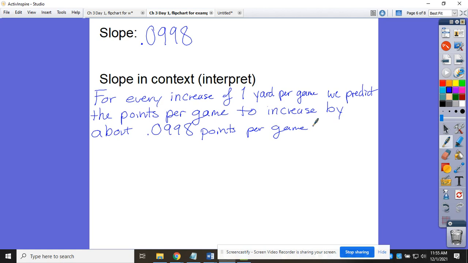This is weird to where our units happen to be our variables. In this one, if you did write points per game, because you wrote it here, I wouldn't cut off for that. But sometimes it makes more sense where, if your height increases by something inches, your units aren't the same as your variable.